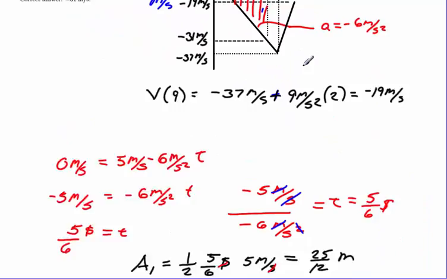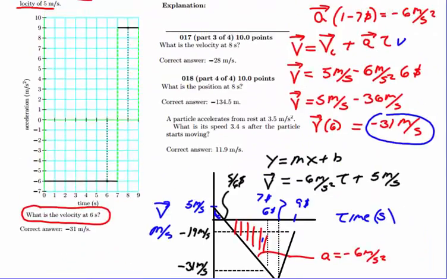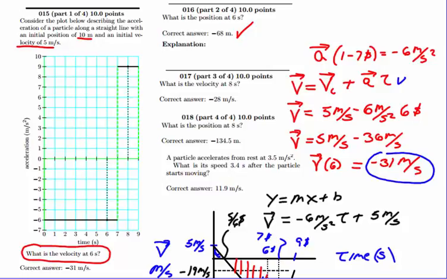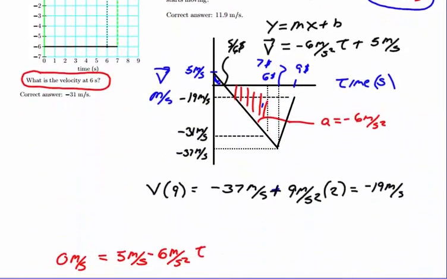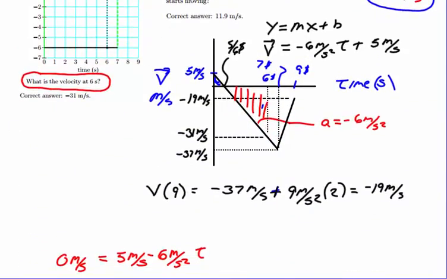Alright, so that gives you the first two. So now we're able to get these. The second one says, what is the velocity at 8 seconds? Now, again, we can come back to our velocity versus time graph, and I'll draw a line straight down. We need to find out at 8 seconds, what is this value here at 8 seconds right there. We need to find out what that value is.